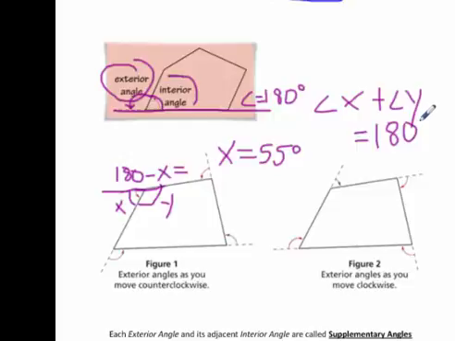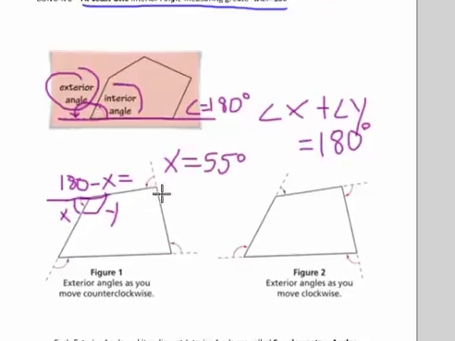So when you're looking at polygons and you're trying to figure out their interior or their exterior angles, look for these straight lines. This angle plus this angle will equal 180 degrees.